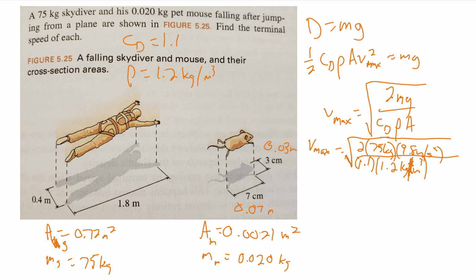Okay, and then the cross-section area for the skydiver. All right, calculate it for me. Goodness.